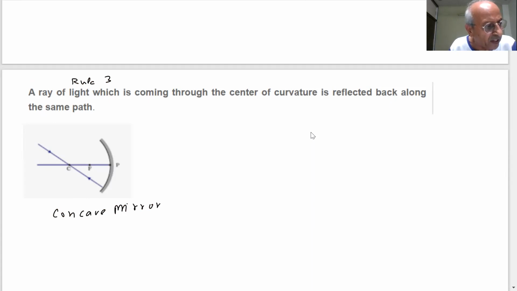Why? Because this is normal, and you know, if a ray of light is passing through a normal, it is reflected back along the same direction, student. And let us see this rule 3 for the convex mirror.